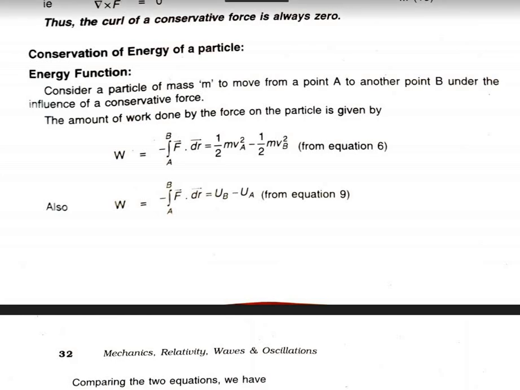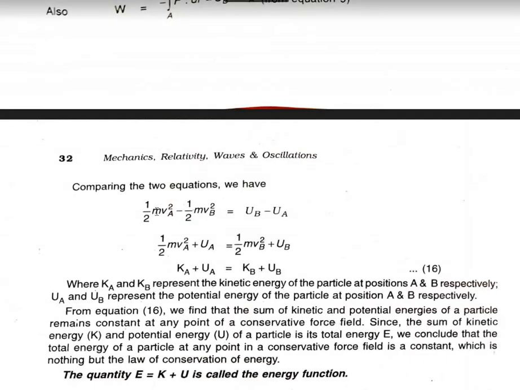So when we compare these equations, we get half m va square minus half m vb square is equal to ub minus ua, or half m va square plus ua is equal to half m vb square plus ub.